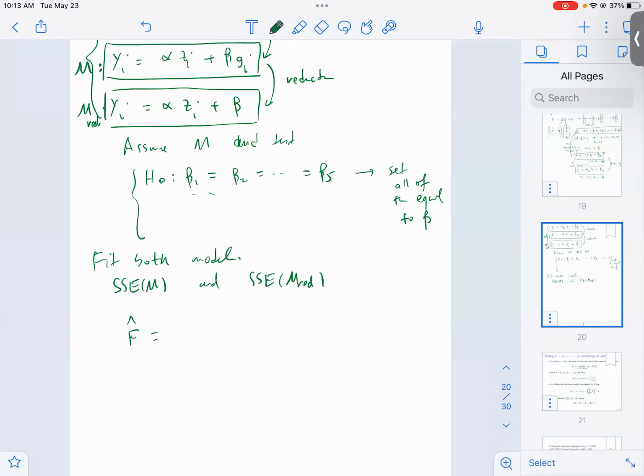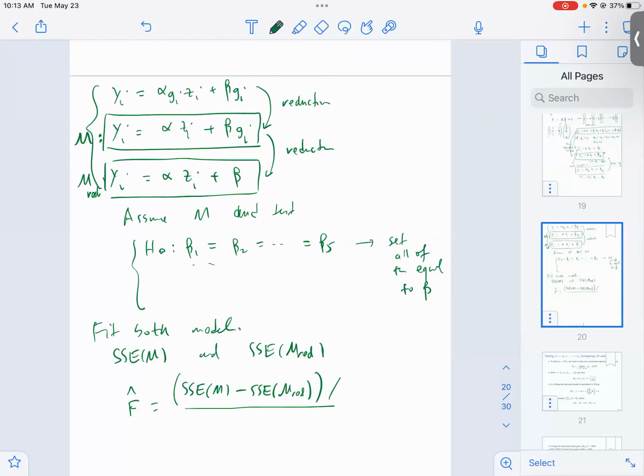F hat would be the additional sum of squares, which is the difference of this minus the SSE of M reduced, divided by the degrees of freedom, and divided by something. So what is the degrees of freedom here? 5.